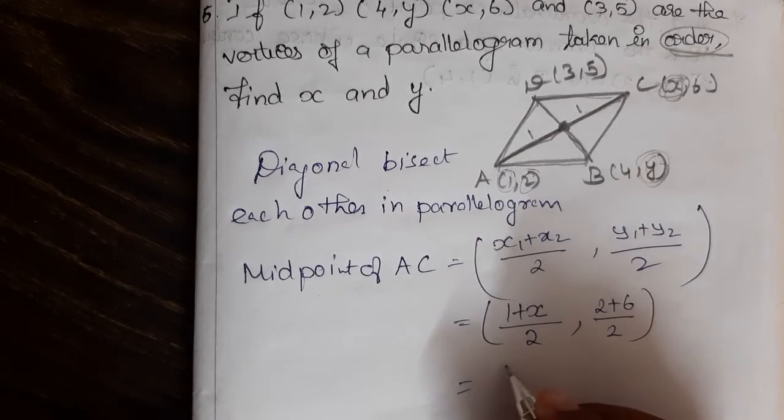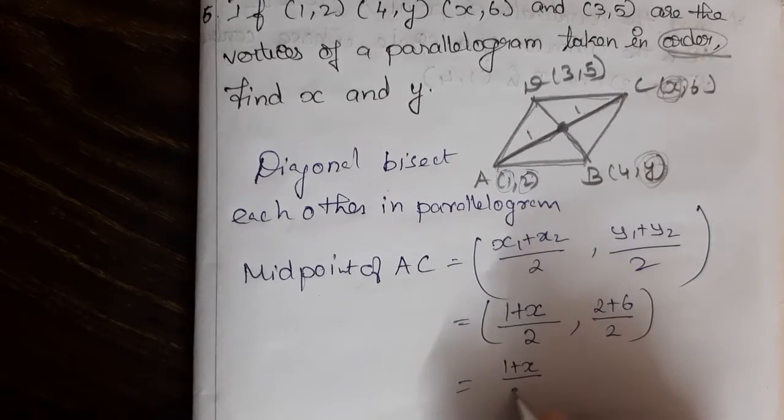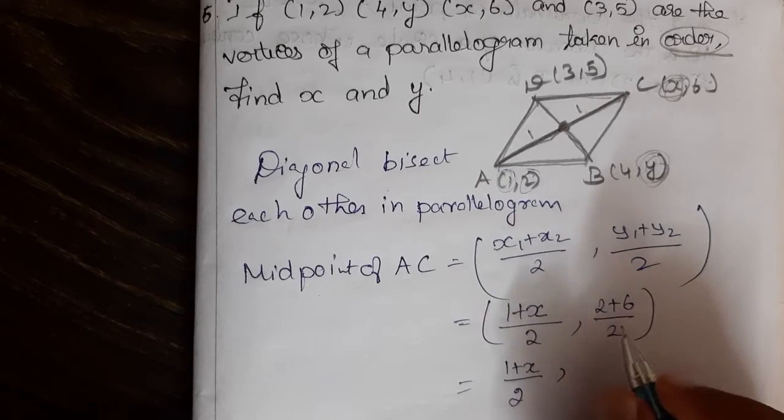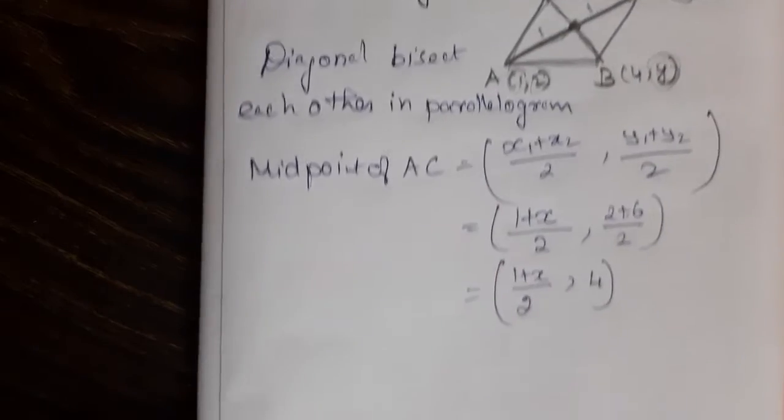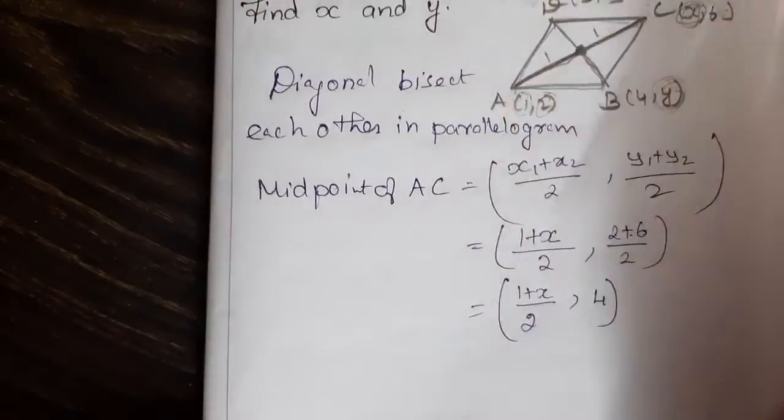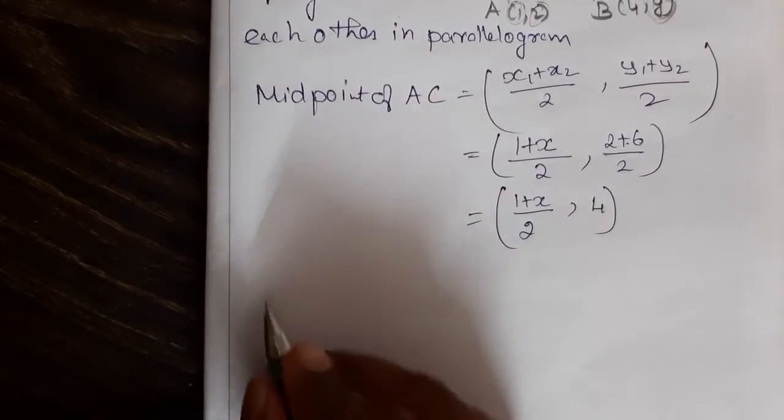So it becomes (1 plus x by 2, 6 plus 2 is 8 by 2 is 4). So this is the midpoint of AC. The midpoint of BD should also be the same, right? After finding, we can equate.